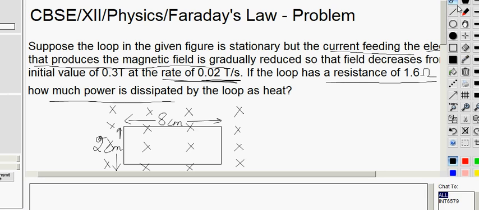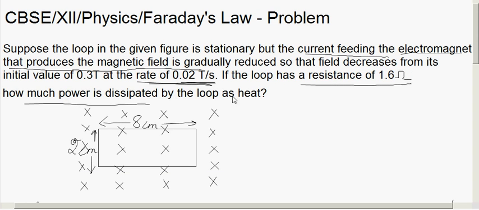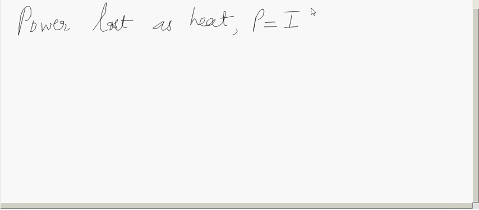Now the next question is to find the power lost. How much power is dissipated by the loop as heat? The power lost or dissipated as heat, P, is I square R. But what is I?